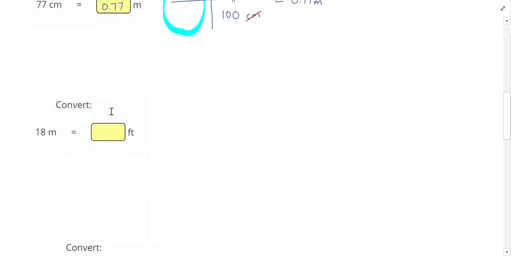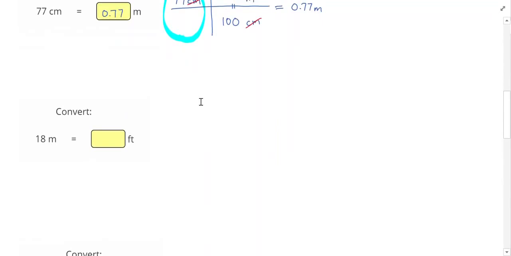Let's take a look at our next one. So next we're converting 18 meters into feet. So to set this up, I have my given of 18 meters. I know that the relationship between meters and feet is that 1 meter equals 3.28 feet. Since I have meters on the top already, I need meters on the bottom to cancel it, and feet on the top. My equation says that 1 meter equals 3.28 feet.